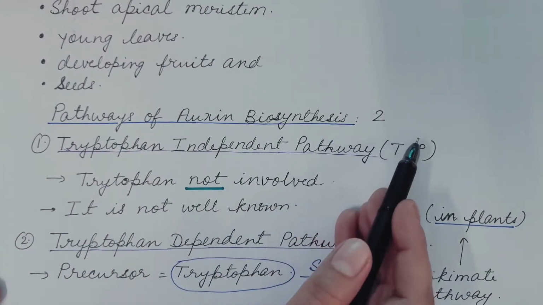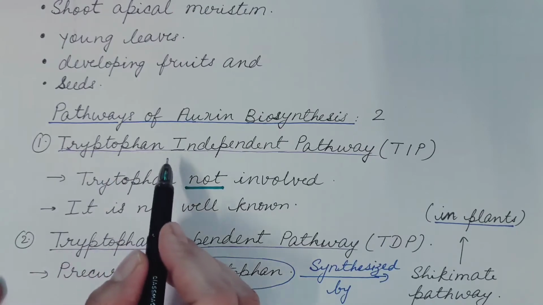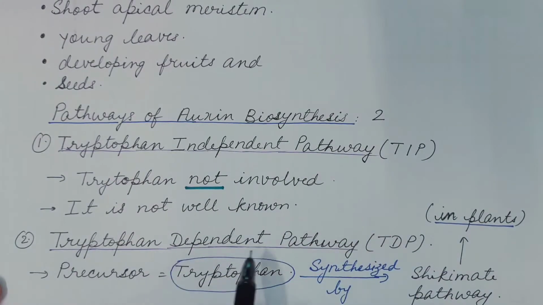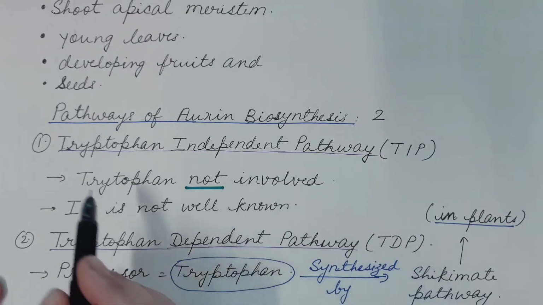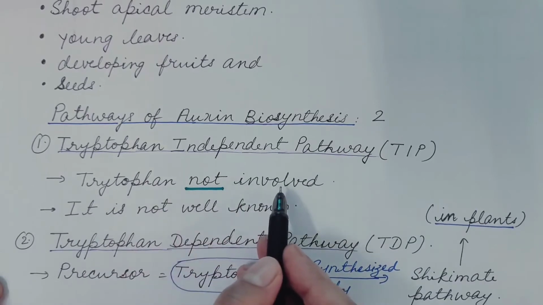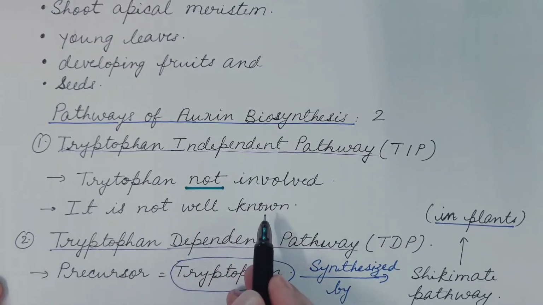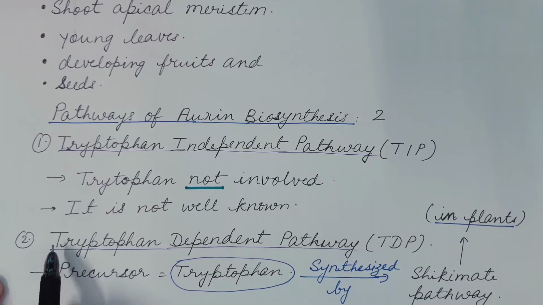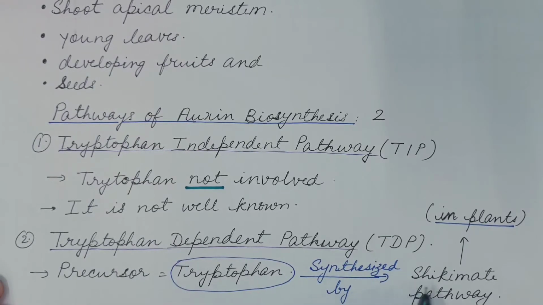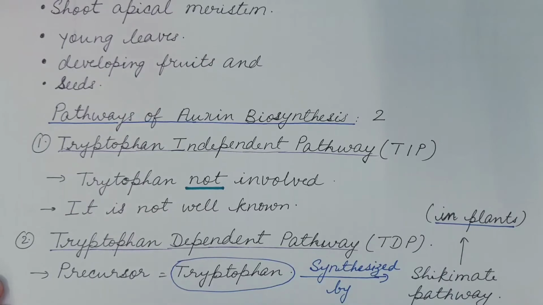There are two pathways: first is the tryptophan independent pathway, TIP, and the second is the tryptophan dependent pathway, TDP. The tryptophan independent pathway does not involve tryptophan and its mechanism is not well known. So in this video, we will mainly discuss the tryptophan dependent pathway. In this pathway, the precursor is tryptophan. It is synthesized by the shikimate pathway in plants, but this pathway is not present in animals.